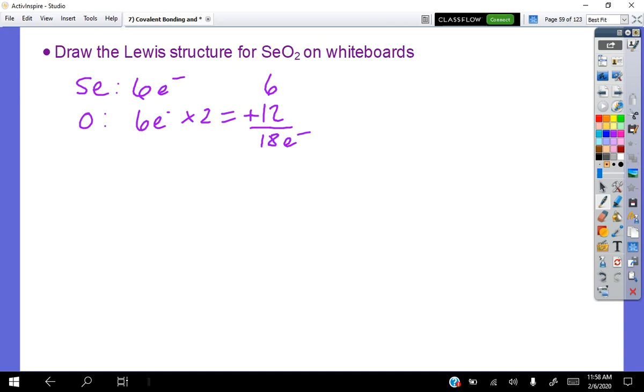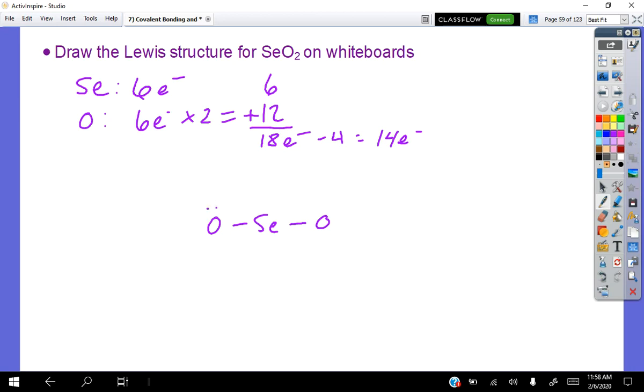Now, this one is tricky because we want to look at our center atom carefully. Selenium is going to be the least electronegative, so we're going to make our skeleton between each of those 2 atoms. Now, out of that total, we've used 4, so now we have 14 electrons left over.